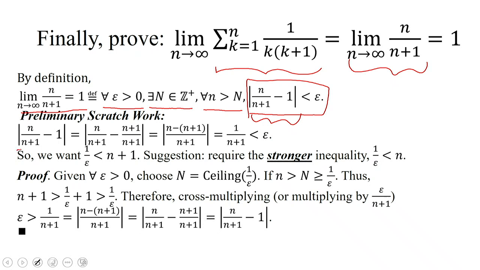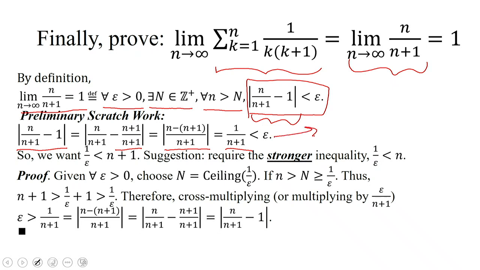So n over n plus 1 minus 1, put everything over a common denominator, which means write 1 as n plus 1 over n plus 1, and then bring them together, a little more algebra. And then when we do this, we end up with the absolute value of 1 over n plus 1, which is the same thing as 1 over n plus 1, because it's positive. You drop absolute values.